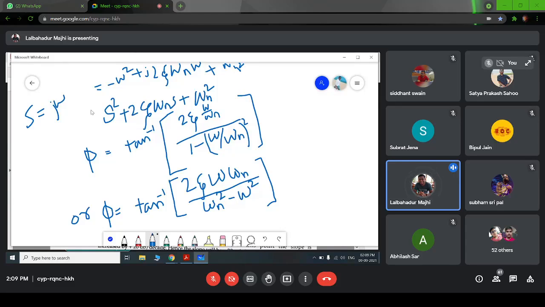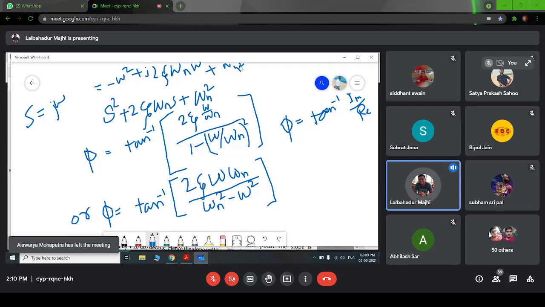The angle is tan inverse of the imaginary part by the real part. The imaginary part is 2 zeta omega n into omega, and the real part is omega n square minus omega square. So phi is equal to tan inverse of 2 zeta omega omega n divided by omega n square minus omega square.